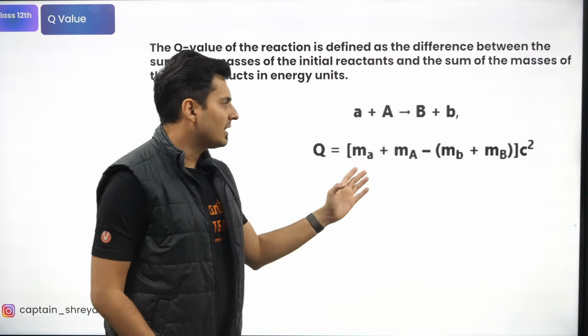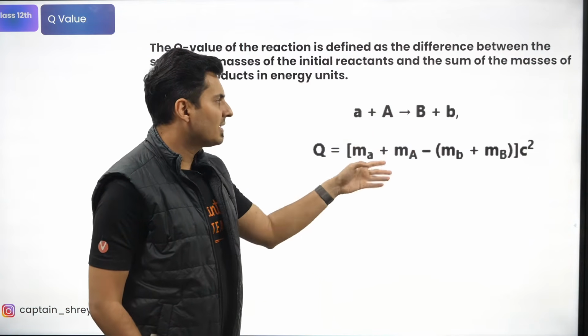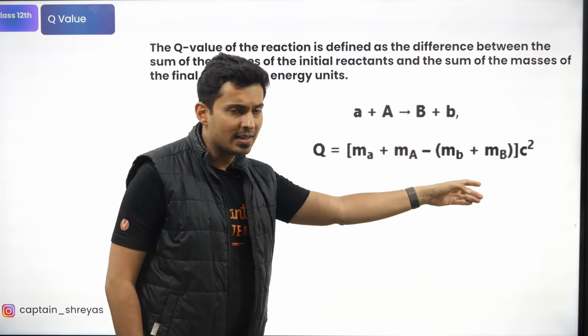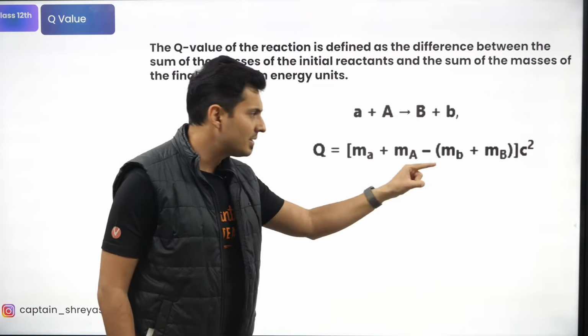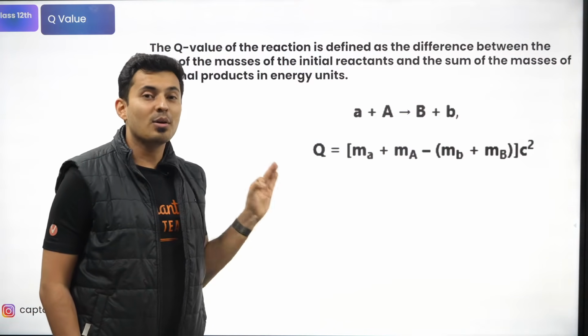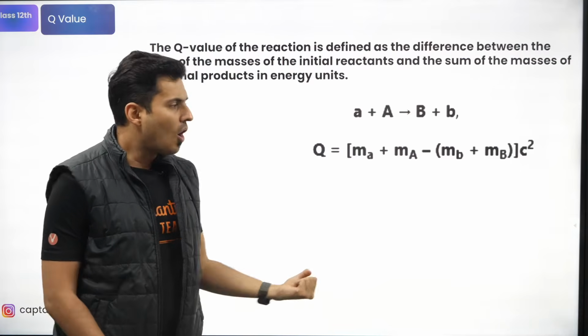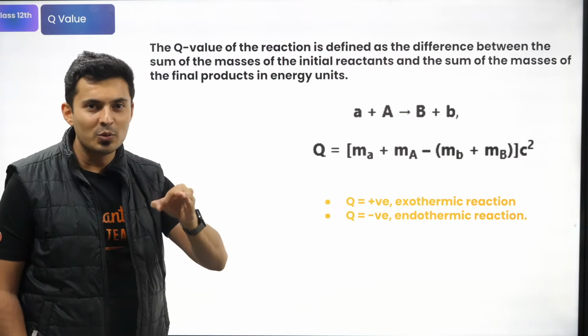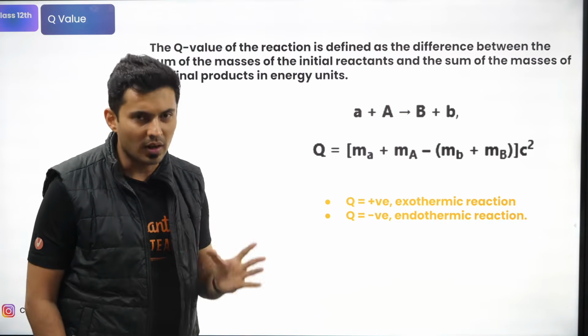Simply put, it is nothing but the difference of the masses on the left hand side with the masses on the right hand side. So that mass difference times c square will give you nothing but the Q value, which is the energy released or absorbed during that fusion or fission process.